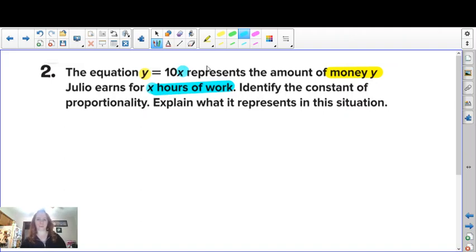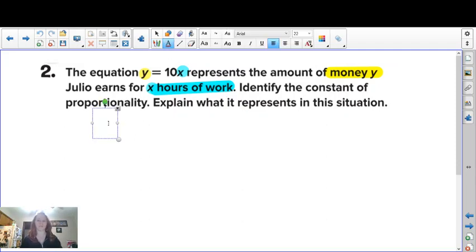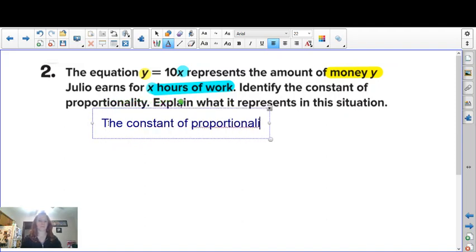Identify the constant of proportionality. Explain what it represents in this situation. So this constant of proportionality is 10.